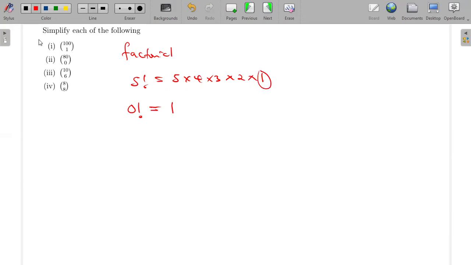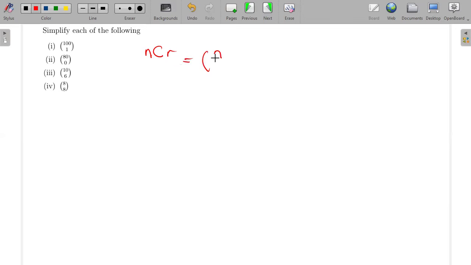So this is what you need to know first about factorials, and then the rest of the concepts that these questions are based on. The next concept is combinations. So what are these combinations? We write it as n combine r, or you say n choose r.